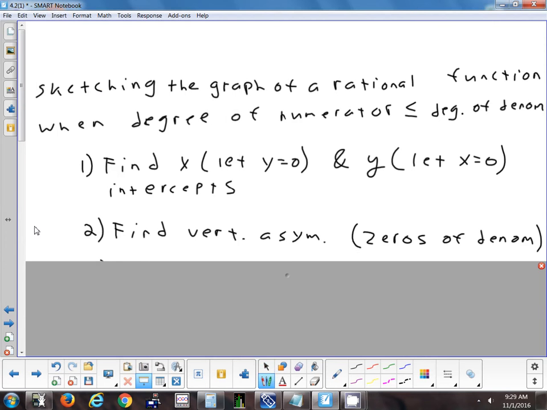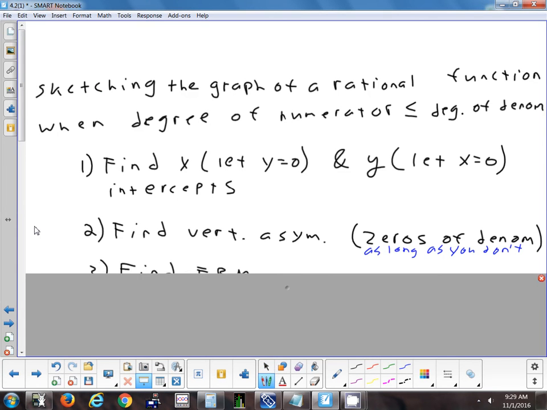The vertical asymptotes are the zeros of the denominator as long as you don't have common factors, because then you would have a hole. So always check that and make sure that you actually have an asymptote and not a hole in the graph.